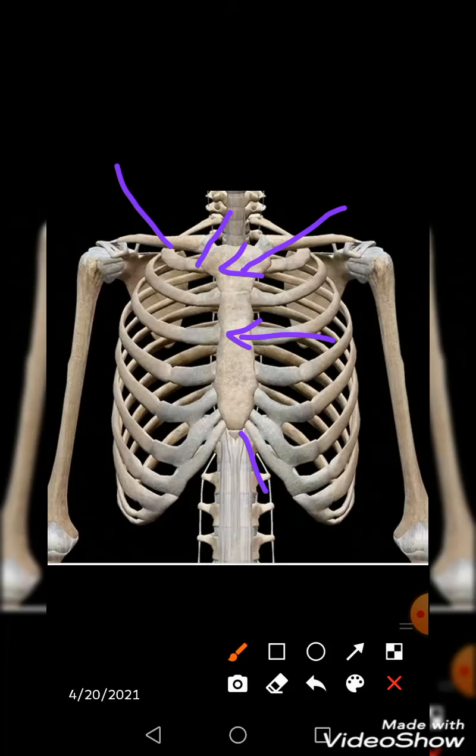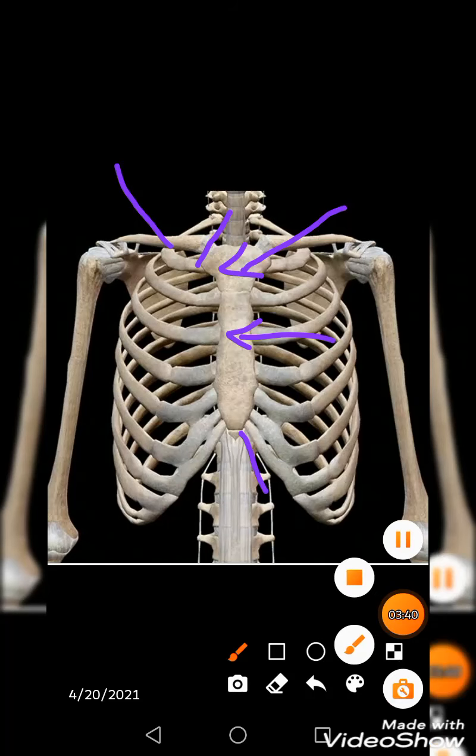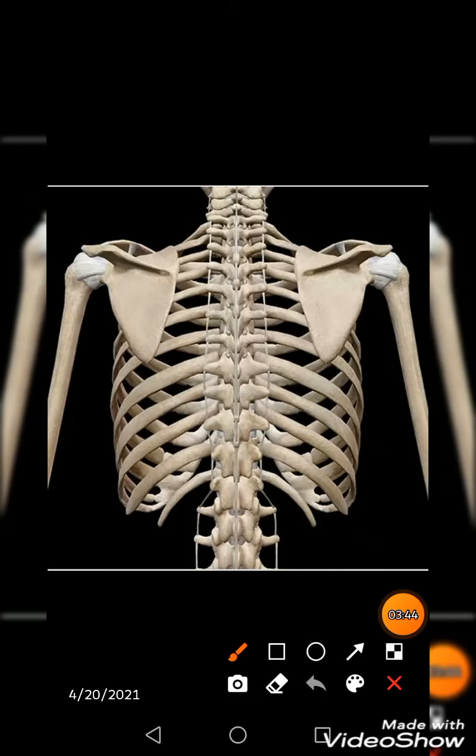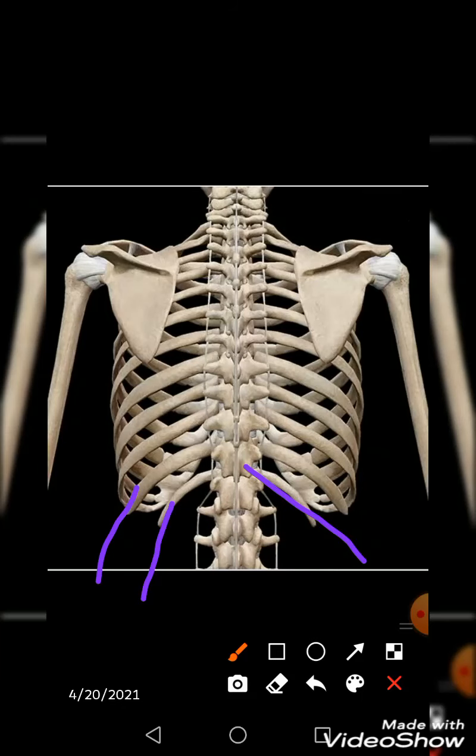This one is the first rib, and you can count below and find out how many ribs take part in the articulation with the sternum anteriorly. This is the posterior aspect of your thoracic cage. Here the important landmarks are the 12th spinous process, and you can see the two floating ribs. This is the 12th one and this is the 11th one.